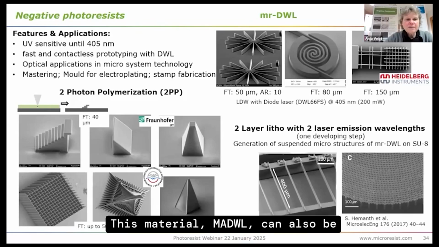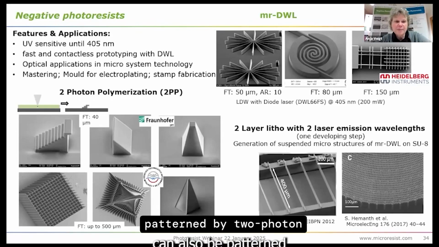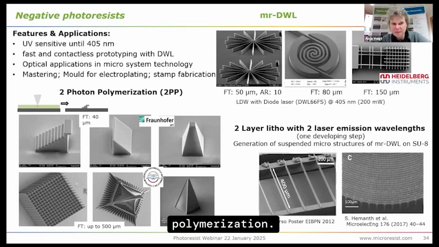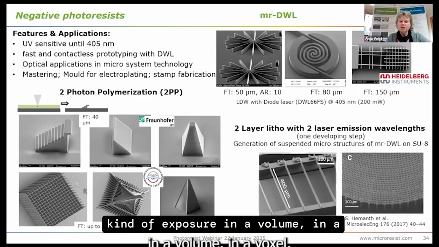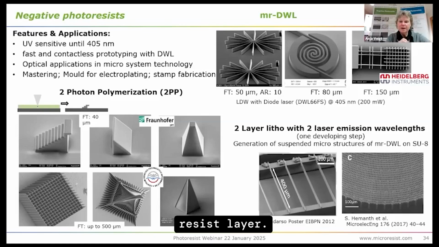This material mr-DWL can also be patterned by two-photon polymerization. Two-photon polymerization is some kind of exposure in a volume, in a certain voxel in a resist layer.